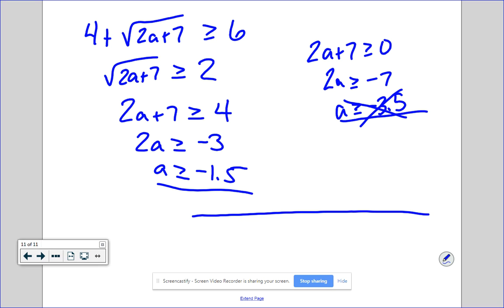So then I just need to pick a number. So 0. So I got 4 plus the square root of 7. Well, square root of 7 is 2.5. 6.5 is greater than 6, so you know that's true. Then all you have to do is put negative 1.5 on the number line. It's filled in and shade to the right.